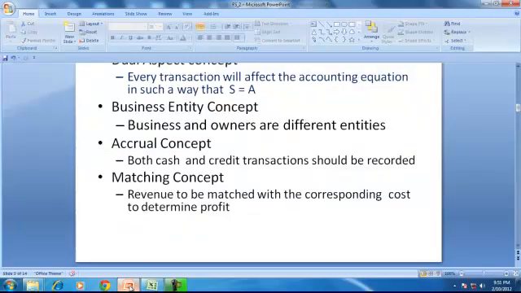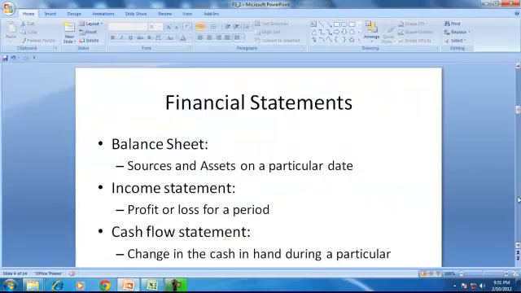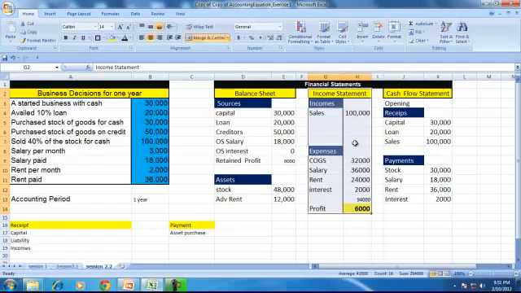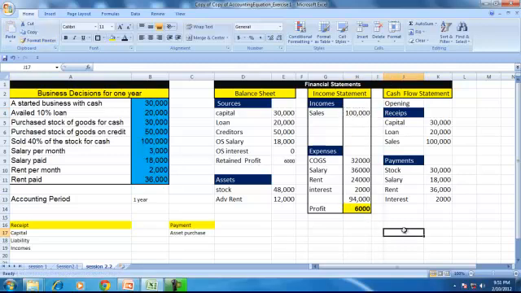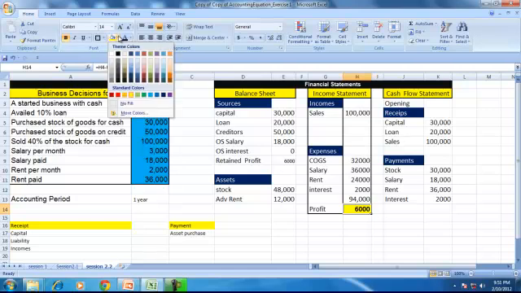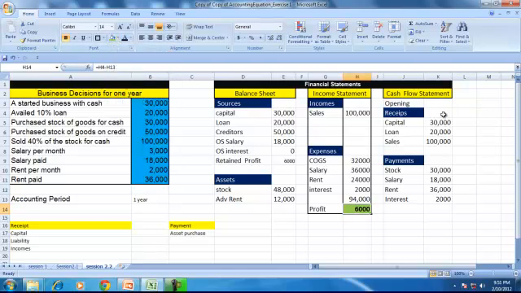As I mentioned, the income statement shows the profit or loss for the period. In this case, ignoring the tax, we have a profit of 6,000. Now we'll find the cash in hand.